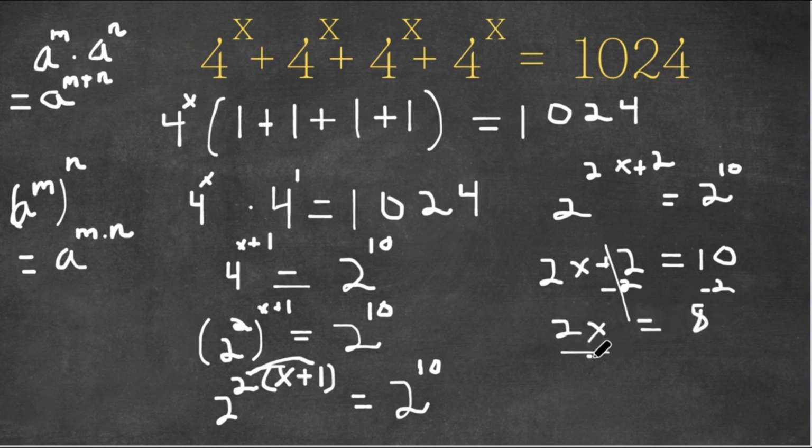And now if we divide by 2 on both sides, we get x equals 8 divided by 2 is 4. So 4 is our answer.